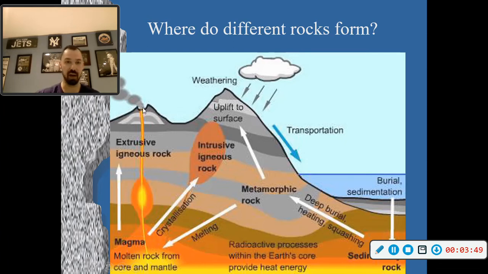Extrusive igneous rocks come out of volcanoes. Intrusive igneous rocks come directly from magma crystallizing. And metamorphic rocks, remember, can be near magma, with partially melted rock right next to it, and also wherever crustal movements are happening. So that's just a couple of the places where these different rocks form.